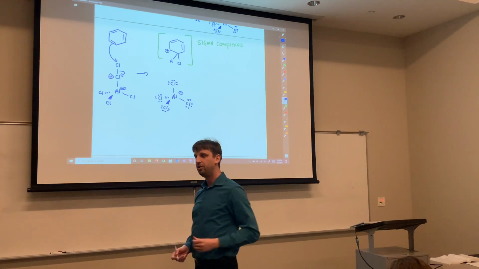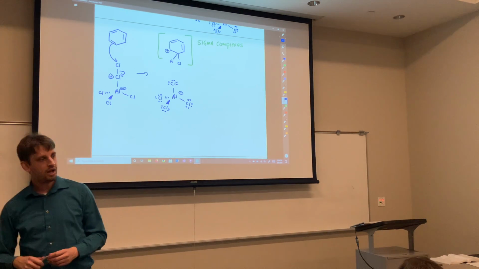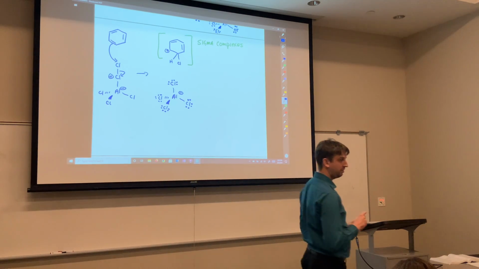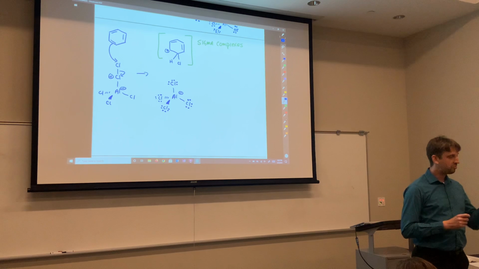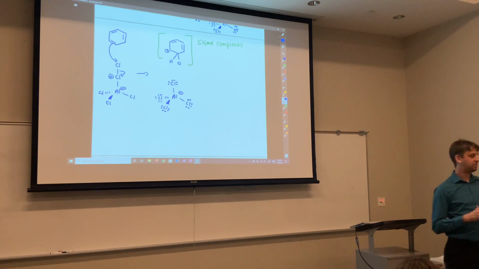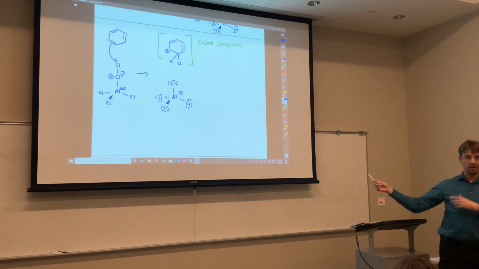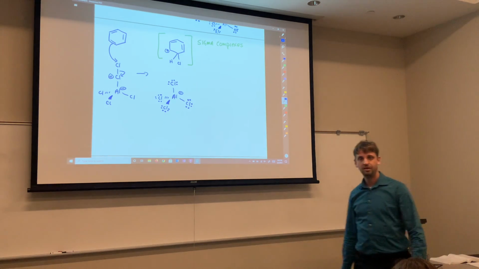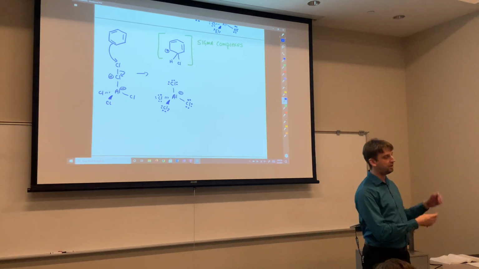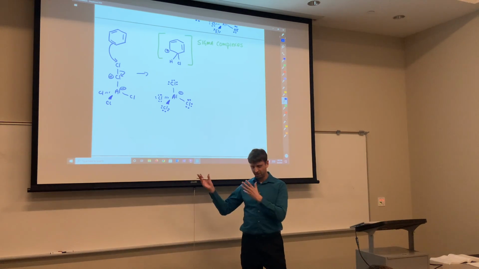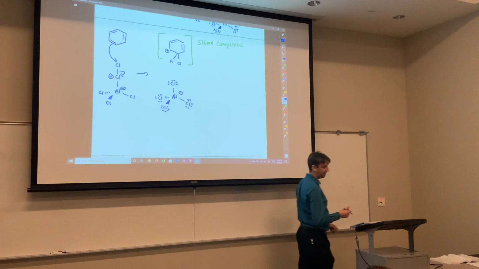Now something I didn't tell you guys earlier, but AlCl3 is catalytic, which means what? It's reformed at the end of the reaction. Got it? So right now, do we have AlCl3? No, we have AlCl4. So we have to regenerate AlCl3 along the way, which means one of these chlorines has to pop off and we get our starting material back, our starting catalyst.